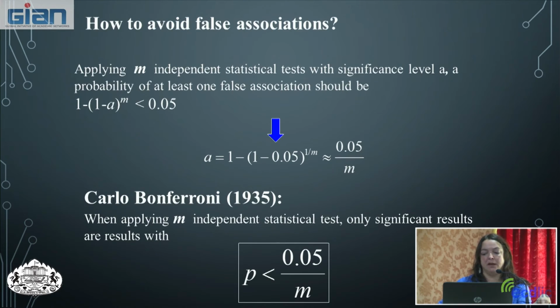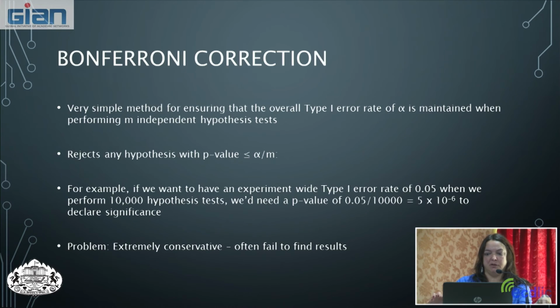Did you get that? There are good things and bad things about Bonferroni. For one, it's a very simple method for ensuring that the overall type 1 error rate of our p-value alpha is maintained when we perform multiple independent tests.